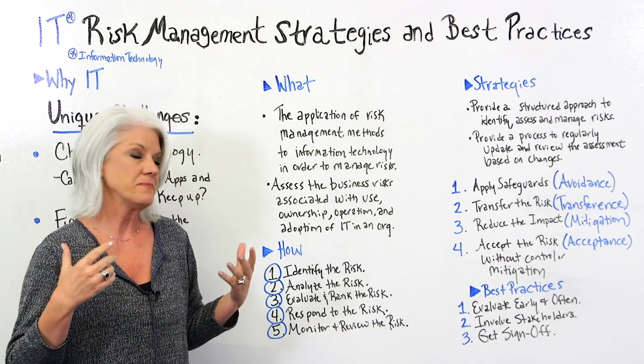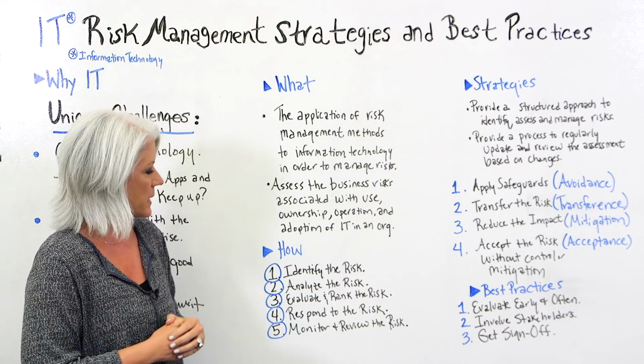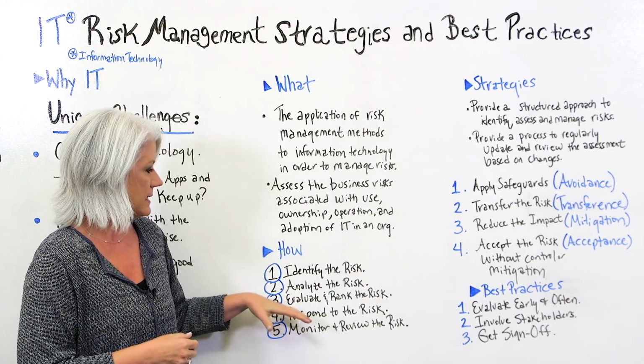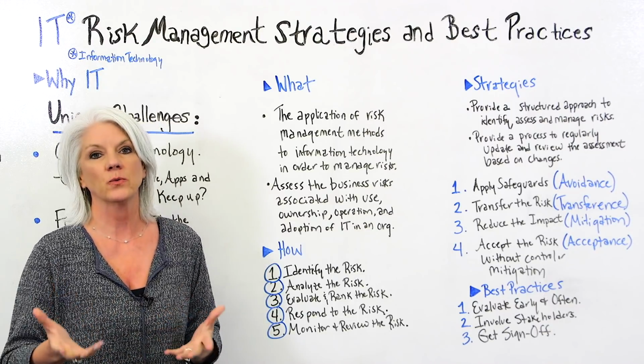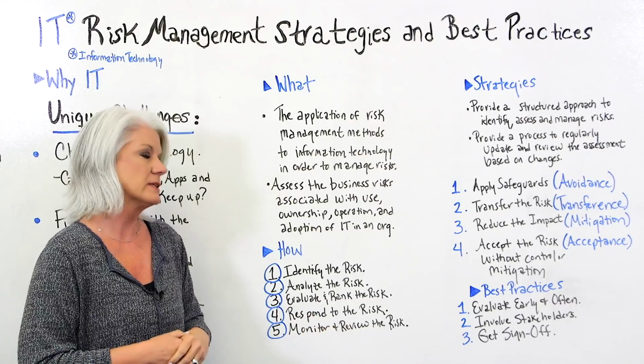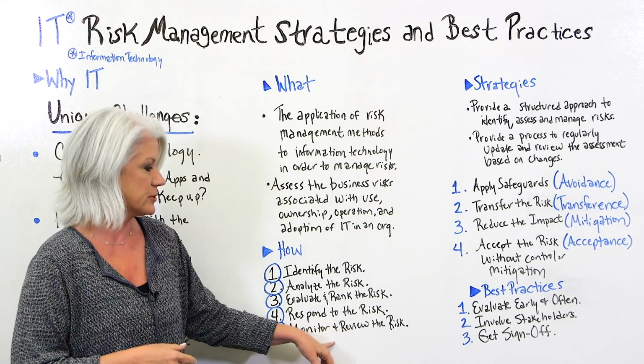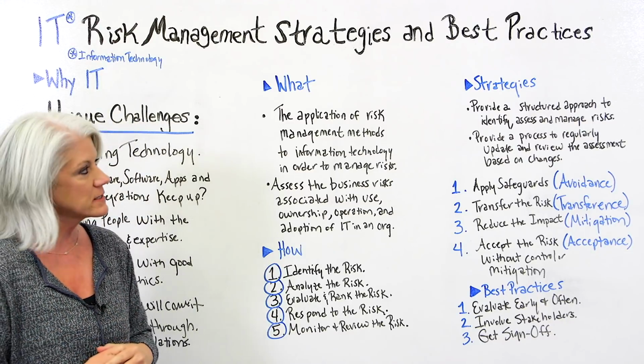Or it could be a big risk, but if it happens, the impacts could be minimal. So we have to assess that, analyze that. Then we evaluate and rank those risks. Then we respond to the risk, and we respond to those through the mitigation strategies. So we monitor and review those risks constantly.